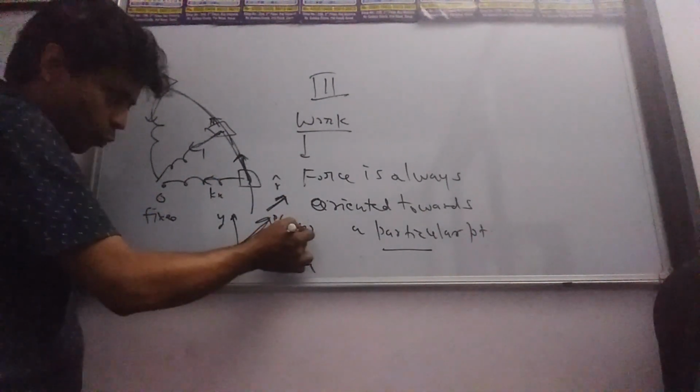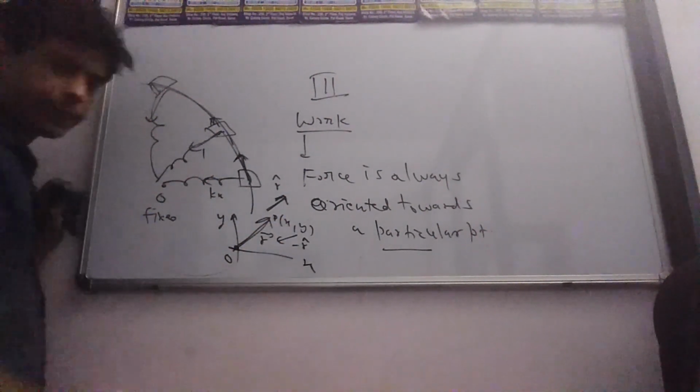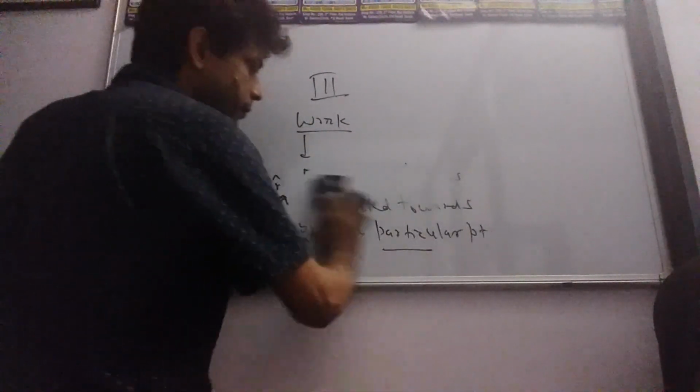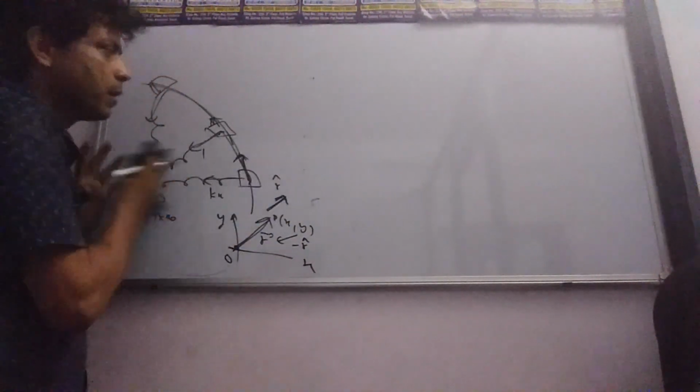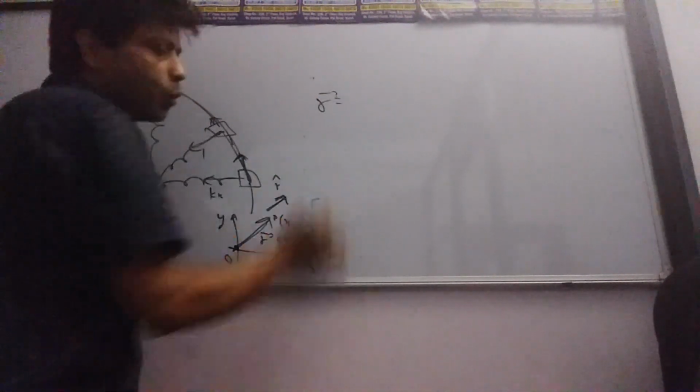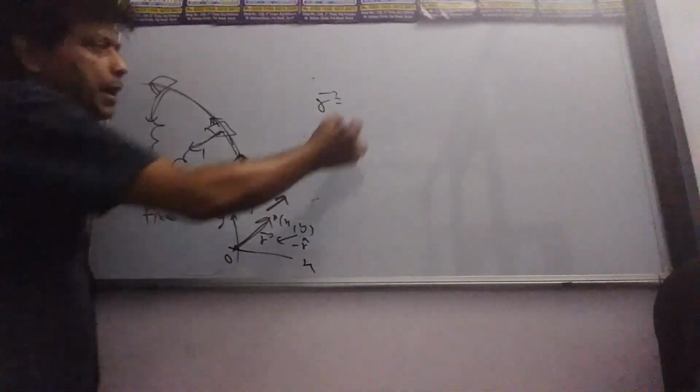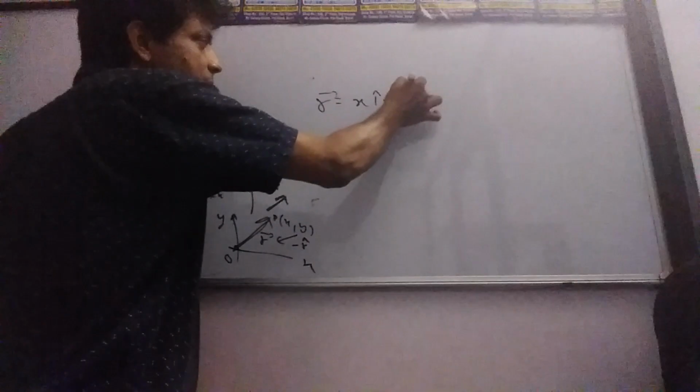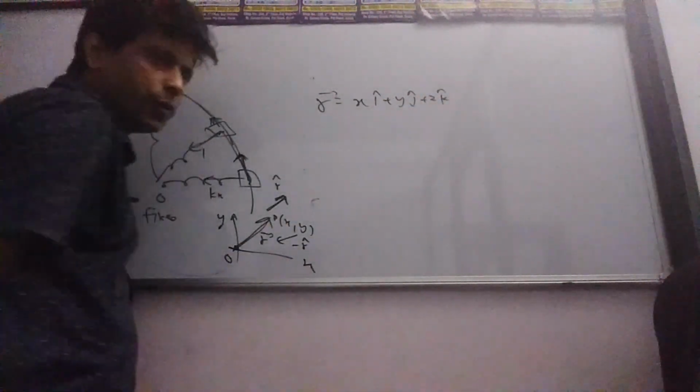And if it is towards the origin, it is minus r cap. And vector r is equal to what in general? It is x i cap, y j cap, z k cap.